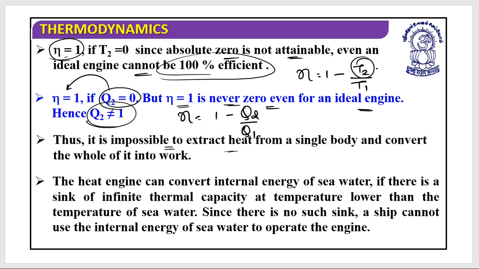So it is impossible to extract heat from a single body and convert the whole of it into work, because the work done equals Q1 minus Q2. If I can make Q2 zero, that means the total amount of energy available from the source has been converted to work, and this is simply not possible.